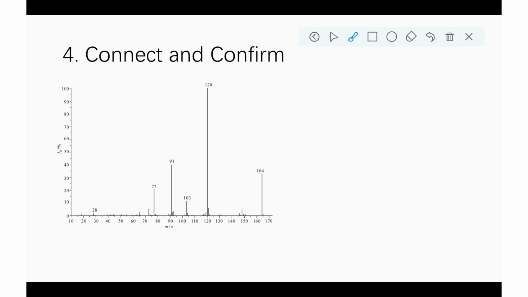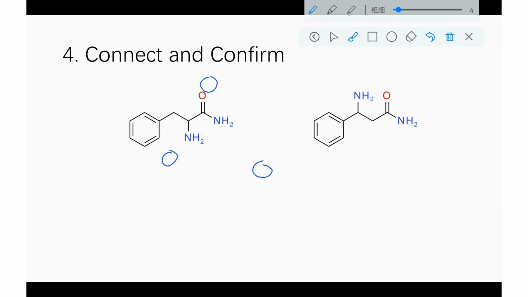So from our mass spectrum, we can see three prominent peaks at 164, 120, and 91. The mass to charge ratio at 120 is not going to be very helpful because both structure 1 and structure 2 can have this ion. And it is likely due to the alpha cleavage.